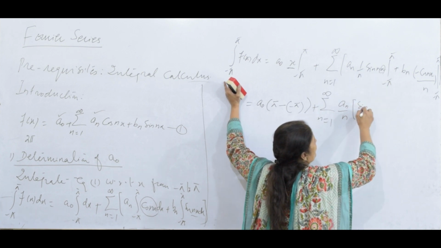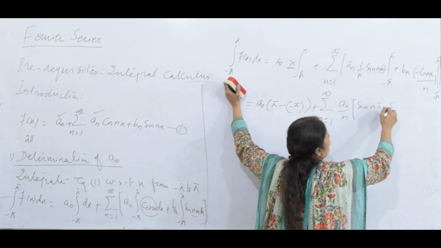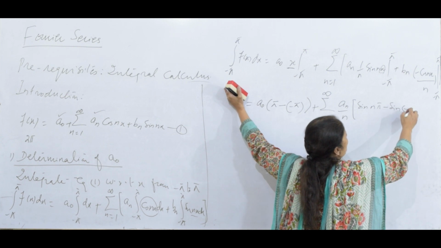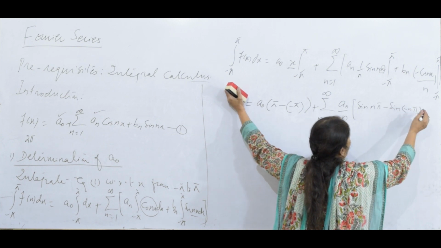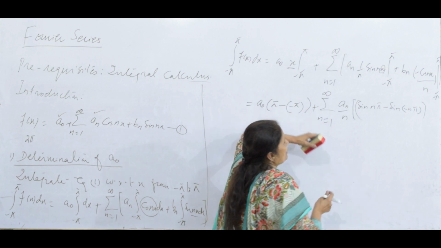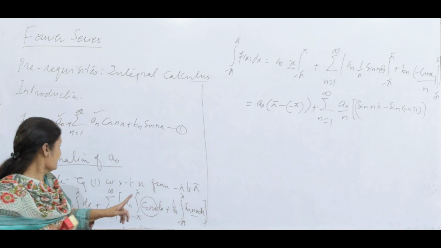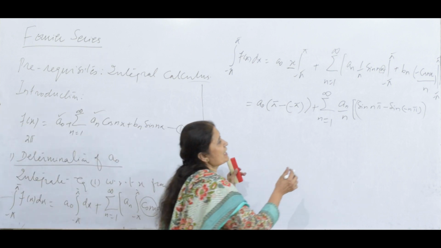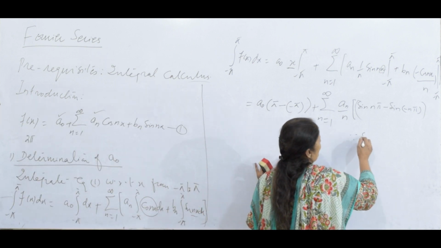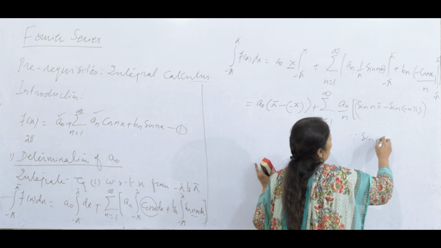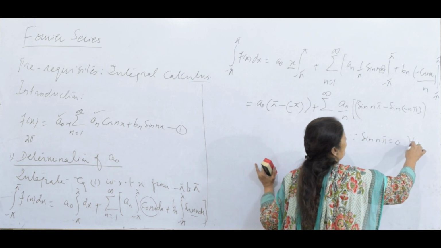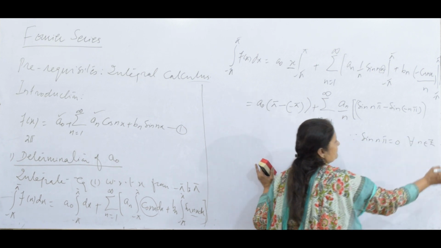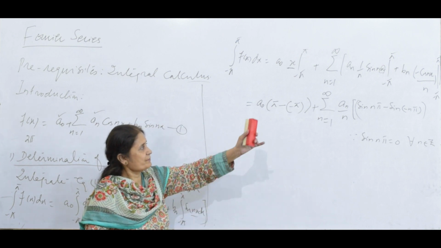So it is sine n pi minus sine minus n pi, where n is an integer: n is 1, 2, 3, 4, 5, 6. So sine n pi is equal to 0 for all n belonging to integers. So that vanishes.